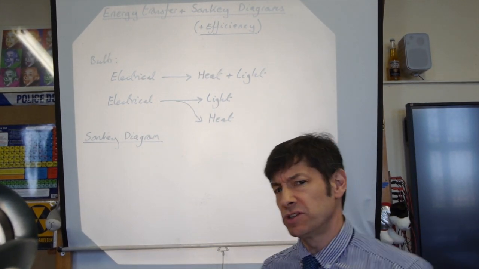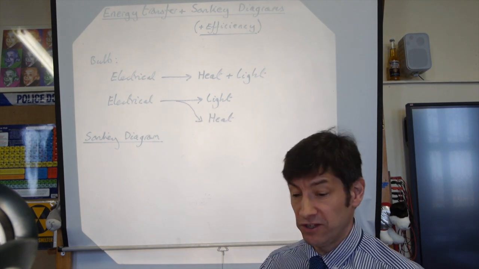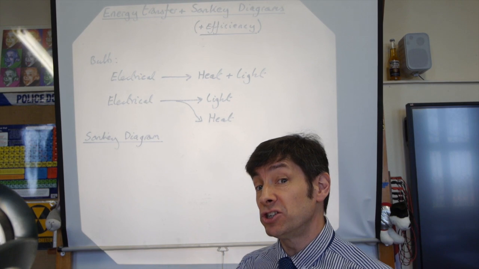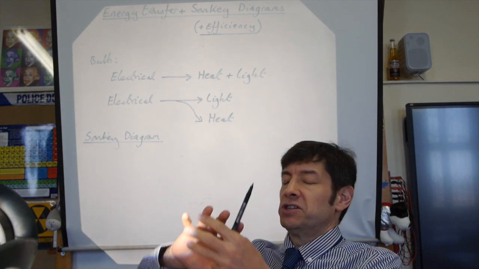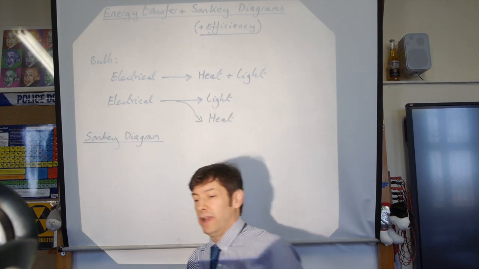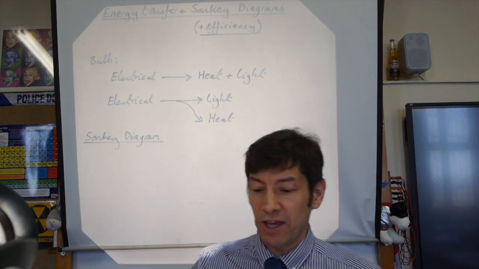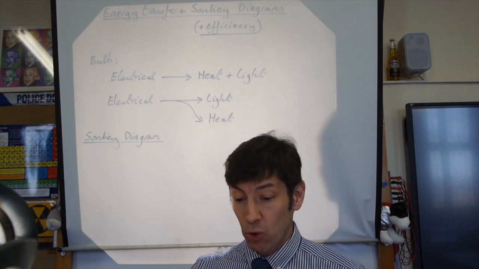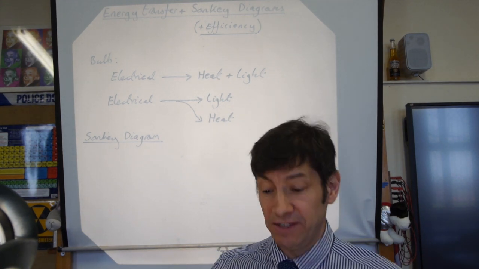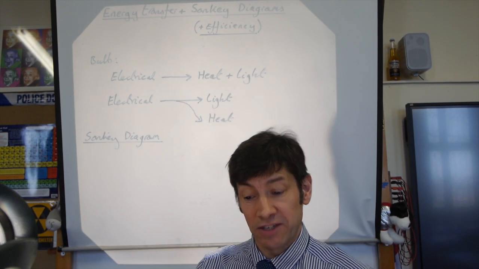I think Sankey was involved in making steam engines more efficient, but perhaps Google that. And I do remember seeing an original Sankey diagram, and it was a complicated mass of arrows going around in all sorts of directions. We're going to use it at GCSE in a slightly more simple way. Okay, so this is what Sankey basically did, and you'll see these a lot in exams.